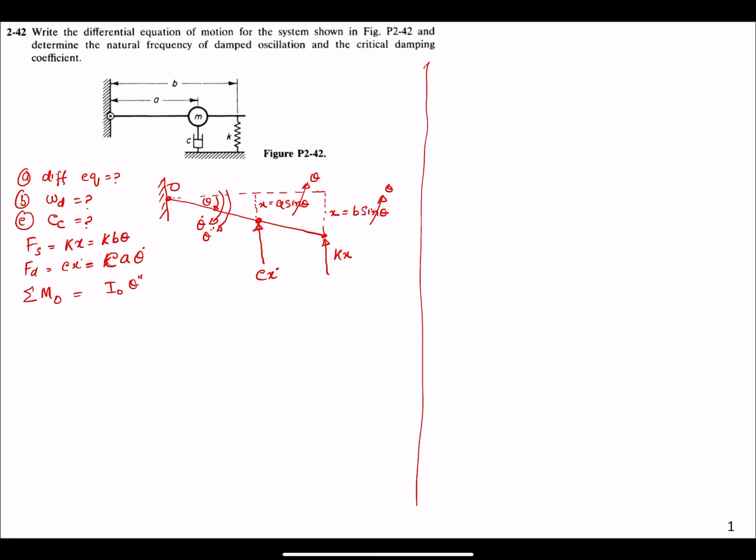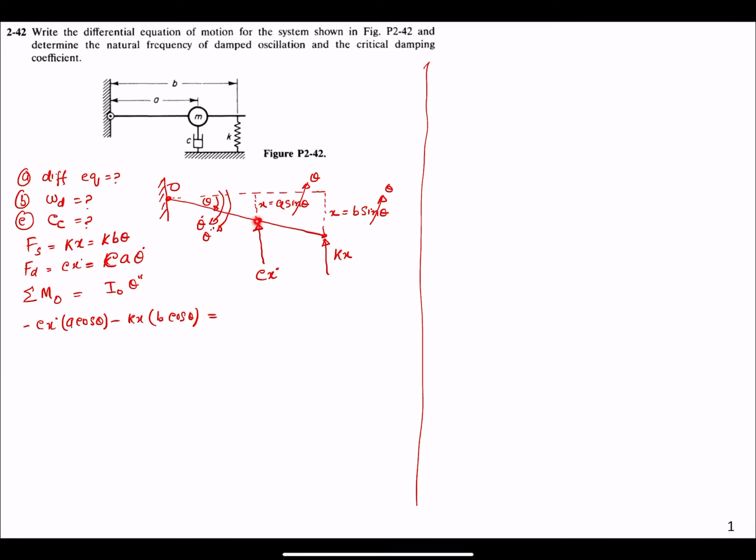So we will have minus c x dot times the vertical distance between O and this force, which is a cos theta, then minus kx times b cos theta, equal to I naught theta double dot.